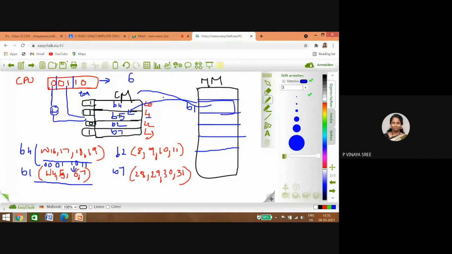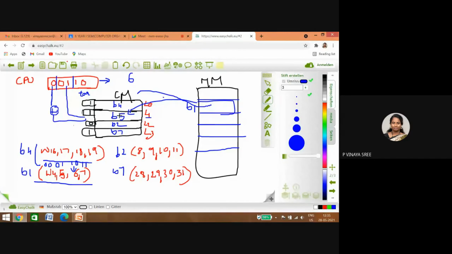So S will indicate the block number. You will go to that particular block, and W is what? Inside that, if two bits are used for the block offset, and it is 01, it goes to 0001, and this is the block the processor is requiring. So it places it and removes one of the cache lines.